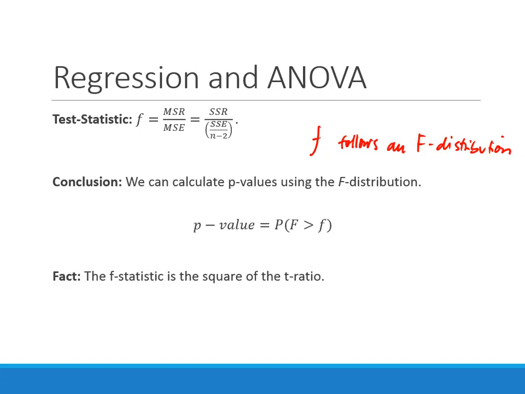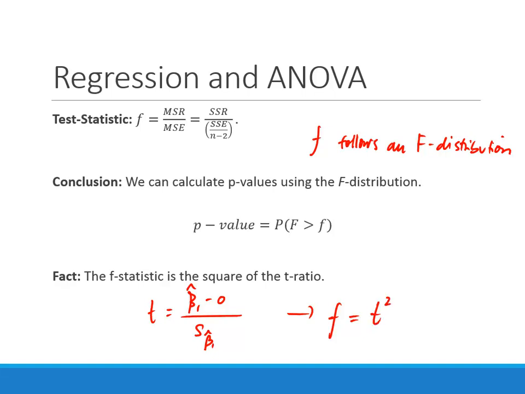And then a fact here, again, for simple linear regression, is that for this F statistic, remember our T statistic was beta 1 hat minus 0 over the standard error of beta 1 hat. Well, F is actually T squared.